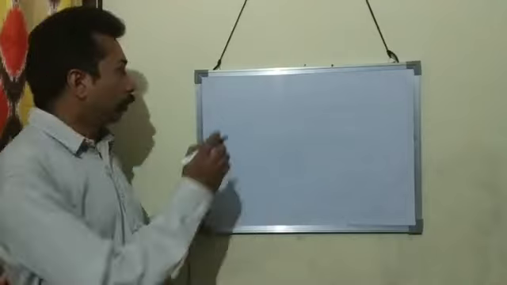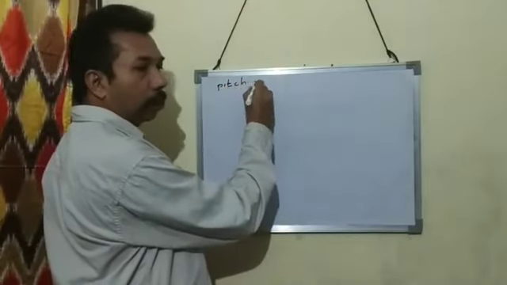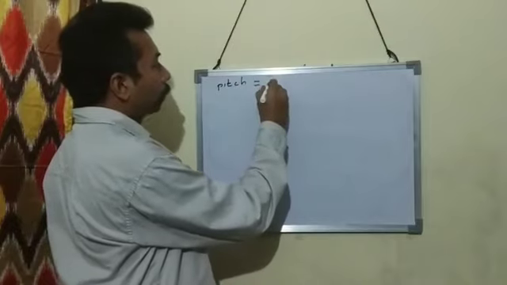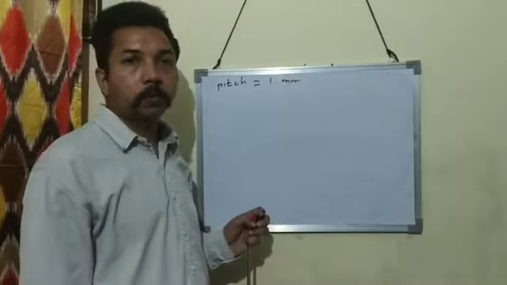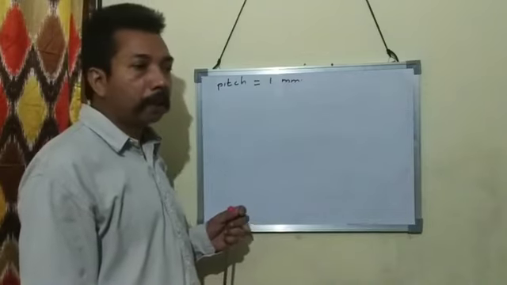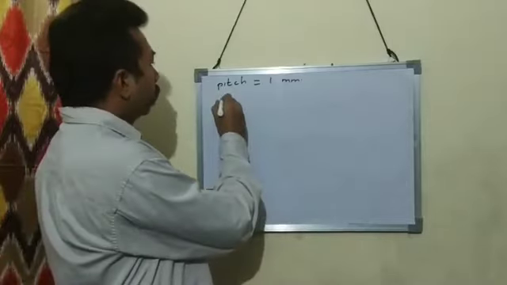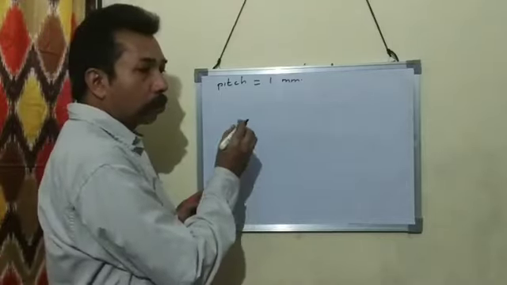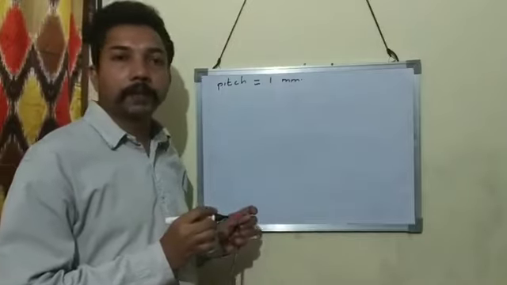So in the question, the given pitch means the value of 1 main scale division, which is equal to 1 millimeter. Then we have to find the number of divisions on the vernier scale, which is given as 10.